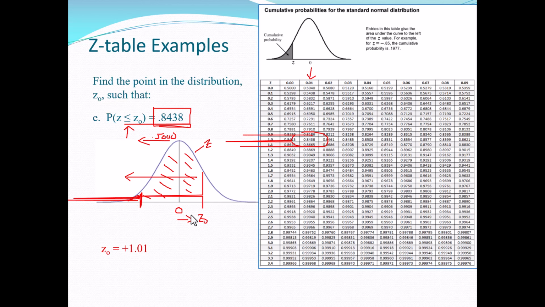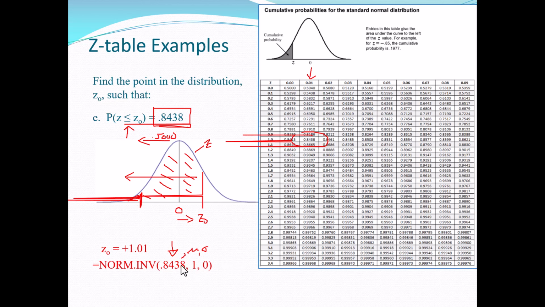Now in Excel, there's another normal function. It's not the norm.dist, it's the norm.inv. It's a normal inverse function. And for the normal inverse function, you have to put in a less than or equal to probability. You put in a value of mu, you put in a value of sigma, and again, I'll put commas in between these things.